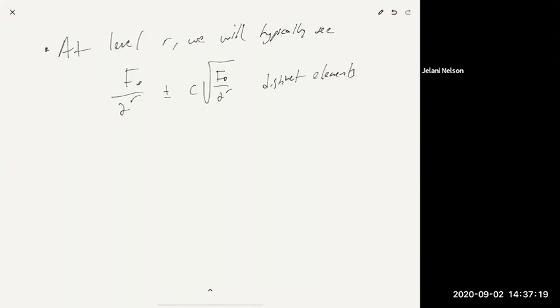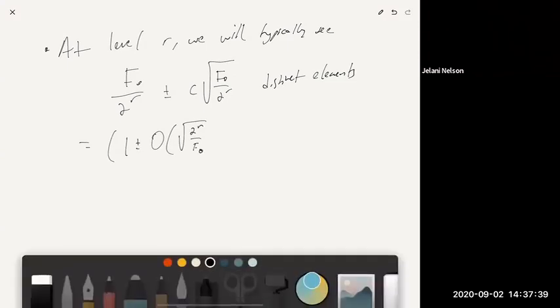Right? If I want to write this as multiplicative error instead of additive error, this is like 1 plus or minus O of square root of 2 to the R over F0. This is an R.